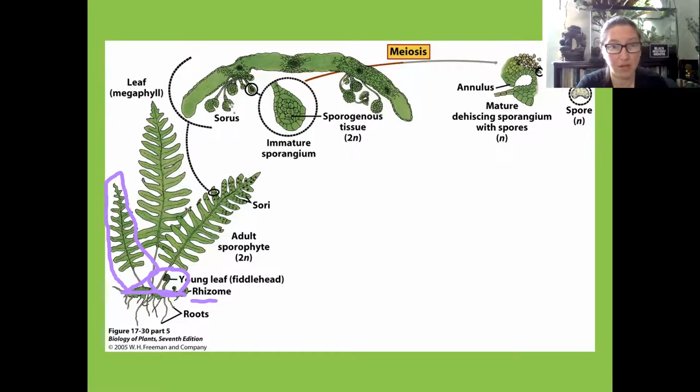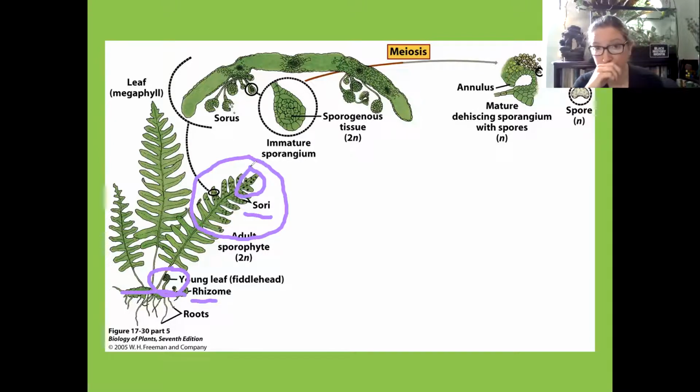Anyways, we learned today that the sporangia are on the bottom or abaxial side of the leaves. So here, look, this is the bottom of one of those leaves. And the sporangia are arranged in clusters called sori, which are these little dots that you can see on the bottom of the leaf.